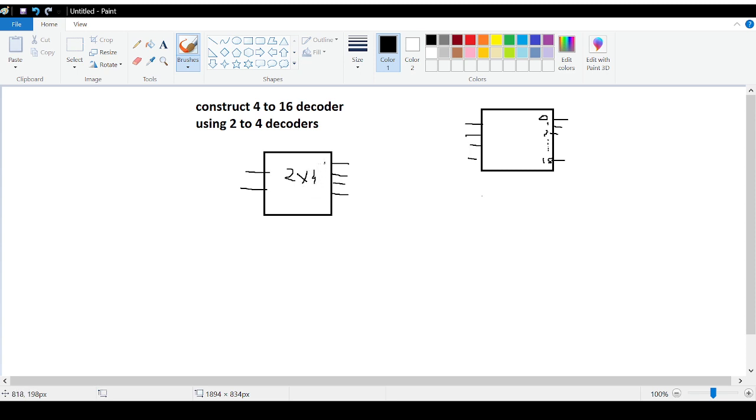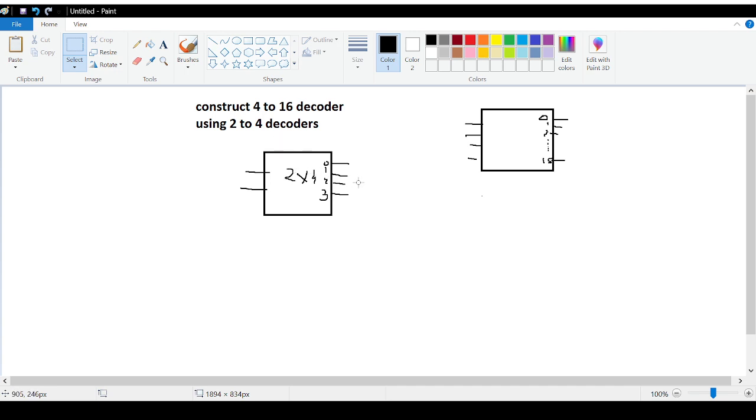Okay, so these are outputs 0, 1, 2, 3. Okay, so this is a 2 to 4 decoder.